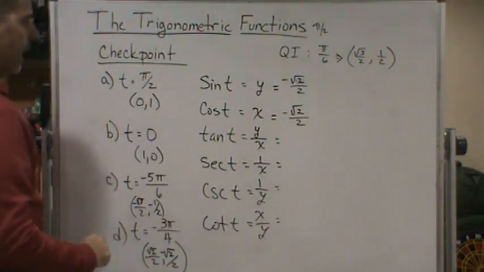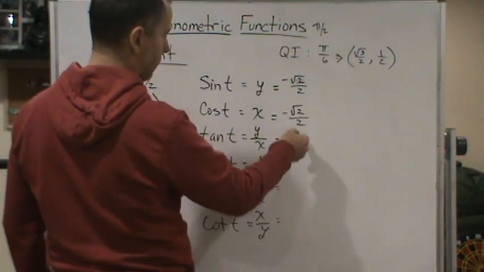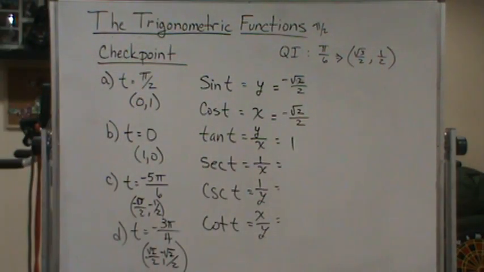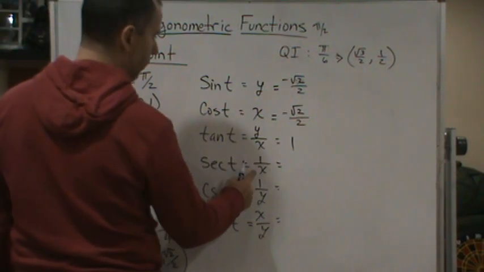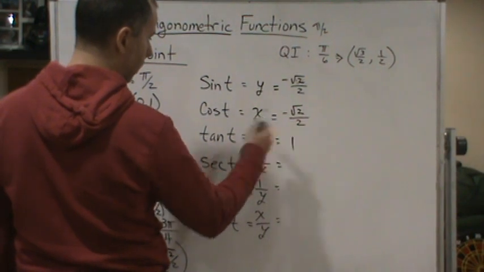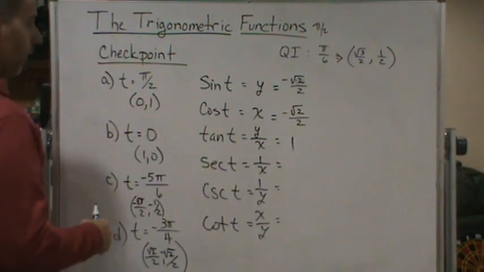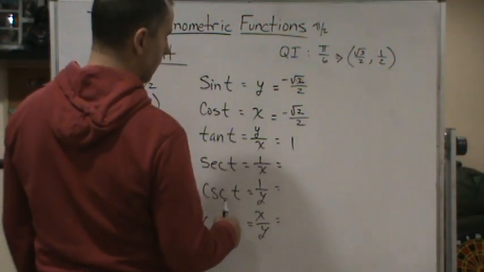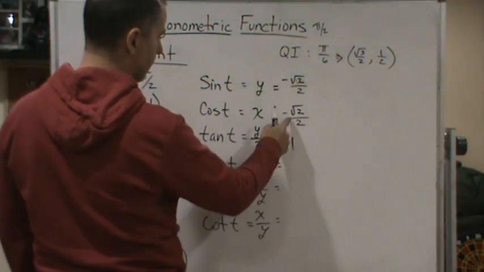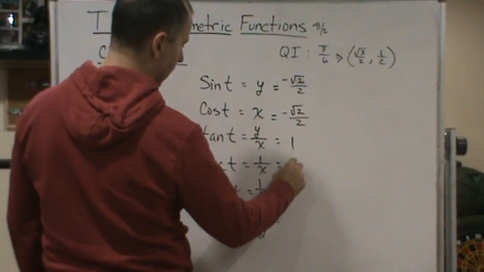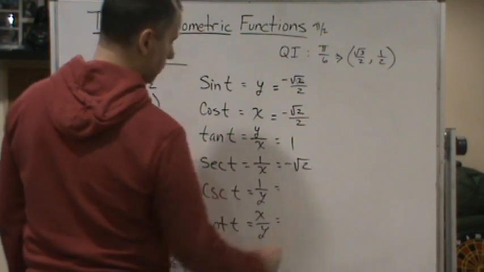And then y over x is what? They're the same, so it's just going to be 1. Negative divided by negative is positive, and they're the same, so it's going to be 1. 1 over x is going to be the reciprocal, right? So we're going to end up getting negative root 2.